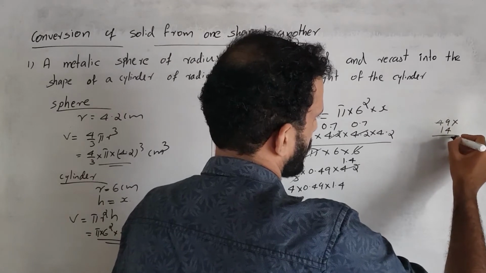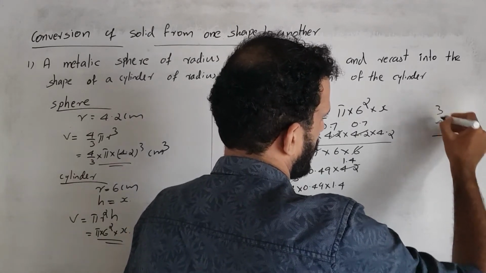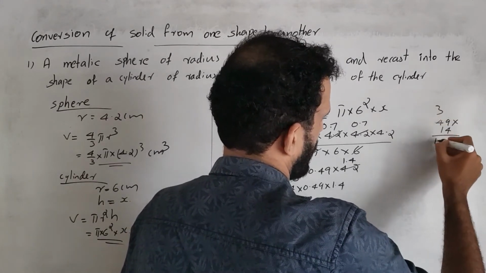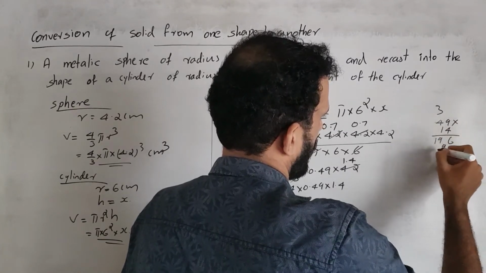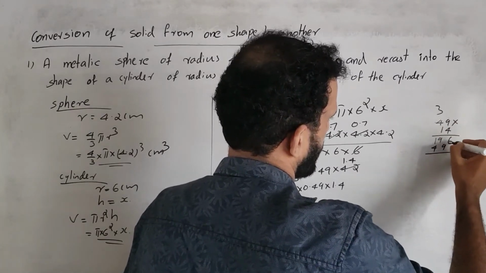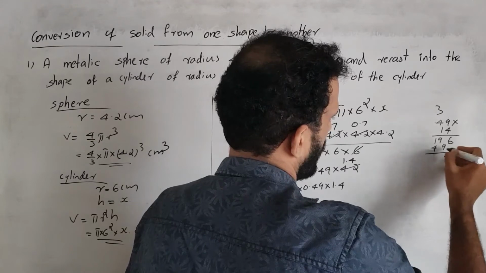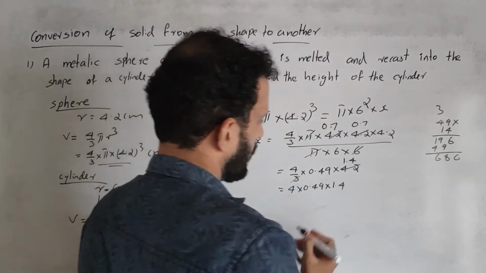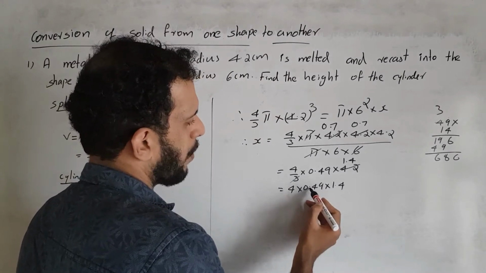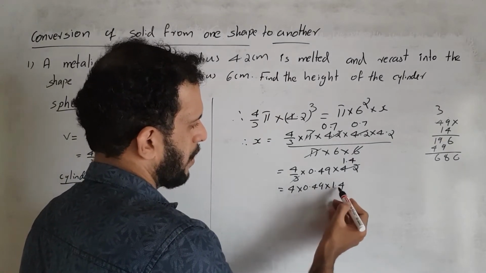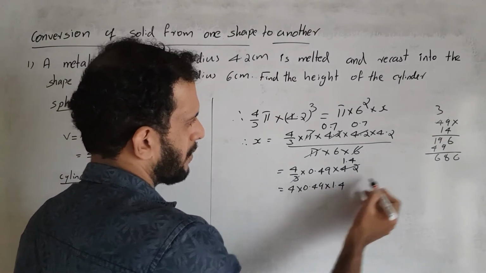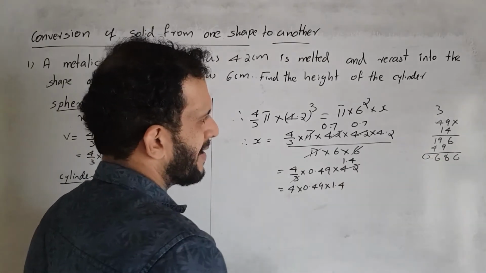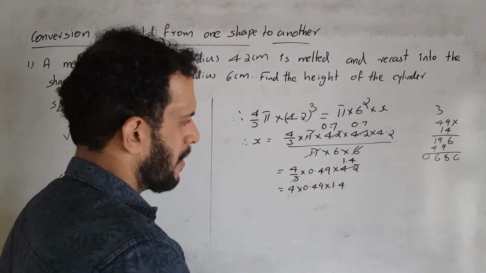49 into 14 gives 196, 490, 686. Then we need to put the decimal point after 3 numbers, correct? Here 1, here 2, then total 3. So 0.686.